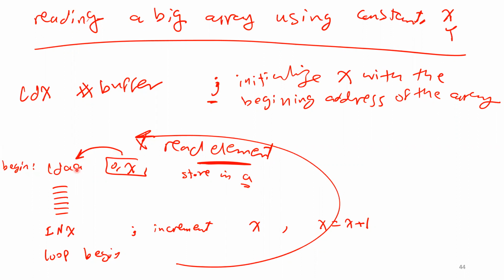I'm gonna read one element, and then maybe I'm gonna do some operation, some instructions here, and then here I'm gonna increment X to move to the next element. Is that okay? And then I'm gonna loop back, and then I'm gonna read one element pointed by X. Then I'm gonna increment X. Is that clear, guys?